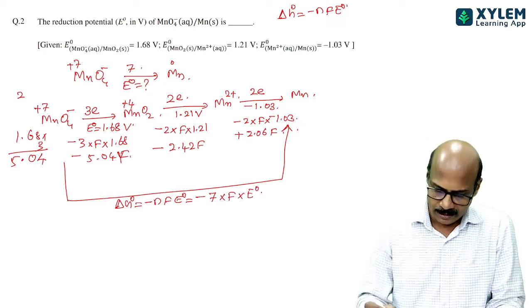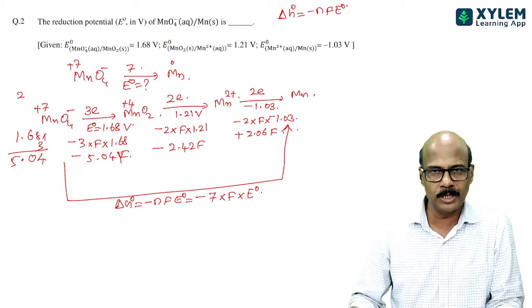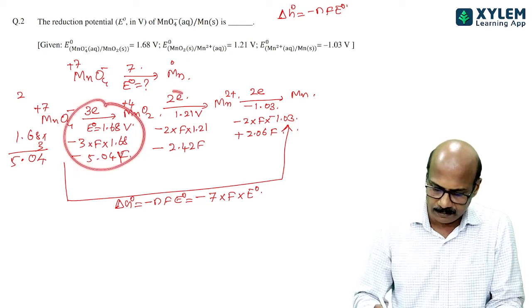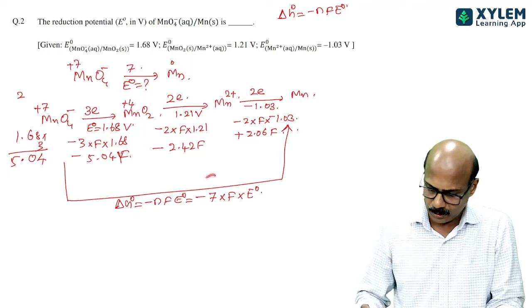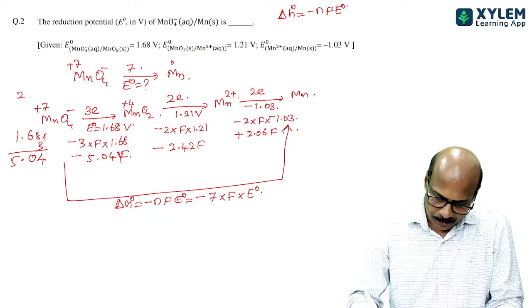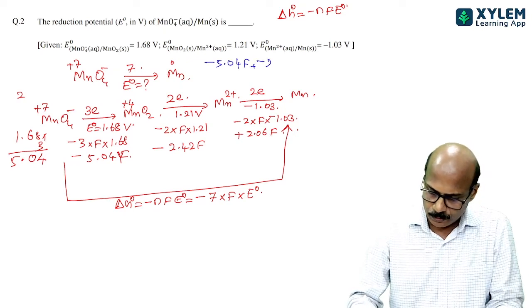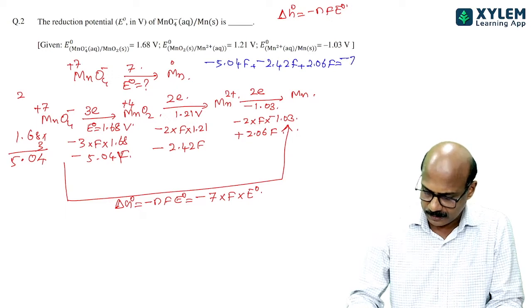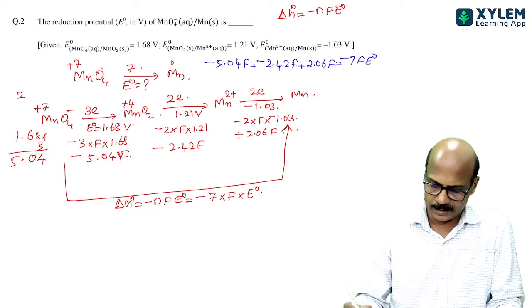You know that delta G of the direct process should be equal to the sum of the delta G values of the intervening steps. So equating the sum to minus 7FE0, how will you write it? That is minus 5.04 F plus minus 2.42 F plus 2.06 F should be equal to minus 7 into F into E0. Clear now? You can cancel F throughout.